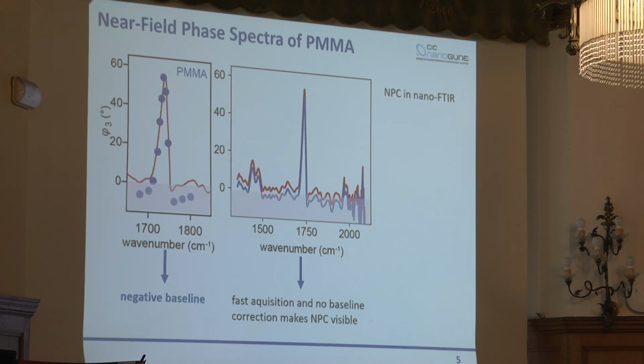Then you can see that also in the nano-FTIR measurement we basically have these negative phase values, and if you compare that now to your SNOM measurement, you see that they fit very nicely together. So this negative phase contrast appears in nano-FTIR as well as in SNOM, but in nano-FTIR you normally don't see it because you directly correct it with the baseline correction.